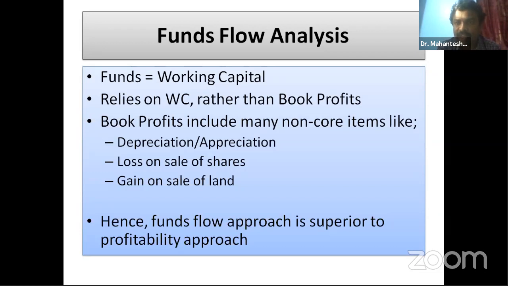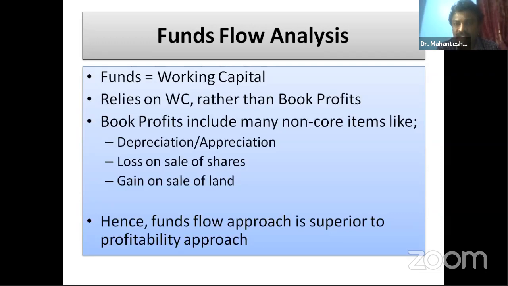The reason why we don't trust the profits or the net profits or the book profits is because, the third point ಇದೆ ನೋಡಿ, book profits include many non-core items like the depreciation or the appreciation on the fixed assets, loss on sale of shares, bonds, debentures or machines assets ಇರ್ಬೋದು, gain on sale of assets, various types of assets ಇರ್ಬೋದು.